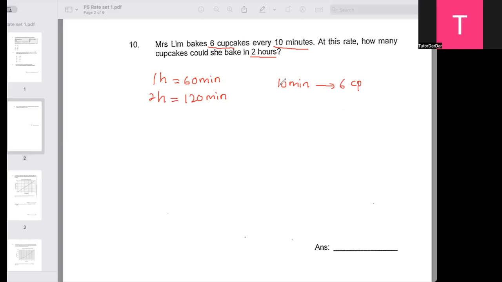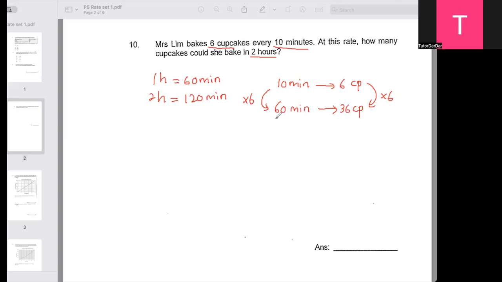Okay, 10 minutes, I can jump to 60 minutes, which is 1 hour, first. So what do I do? 10 to become 60, we will times 6. This side also times 6. So you will get 36 cupcakes.